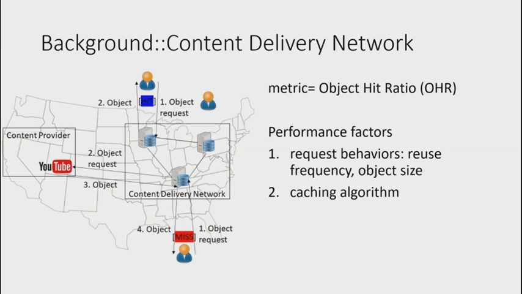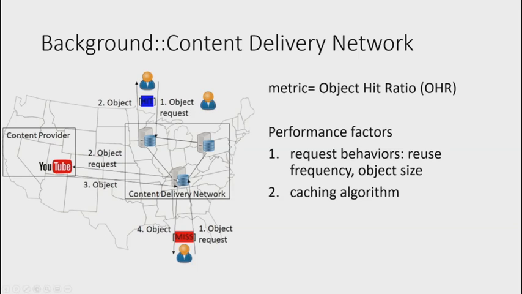So, ideally, we want as many object requests to be serviced by the cache server on the content delivery network as much as possible.